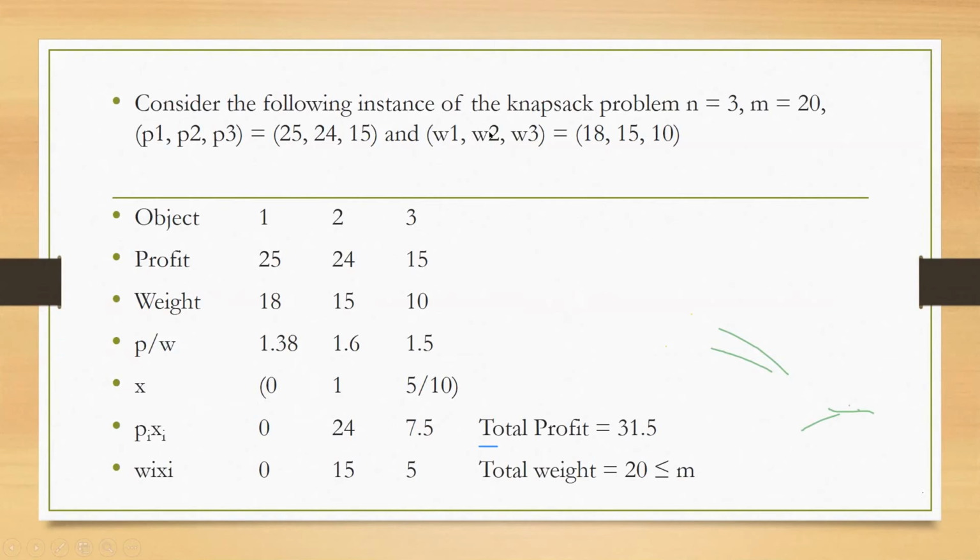First, consider the following instance of the knapsack problem where n is equal to 3, which means there are 3 objects, and m is equal to 20, which means the capacity of the knapsack is 20 kgs. It can hold 20 kgs of objects and there are 3 objects totally. The profits of the first, second and third objects are 25, 24 and 15. And the weights of the first, second and third objects are 18, 15 and 10. So this is the given problem.